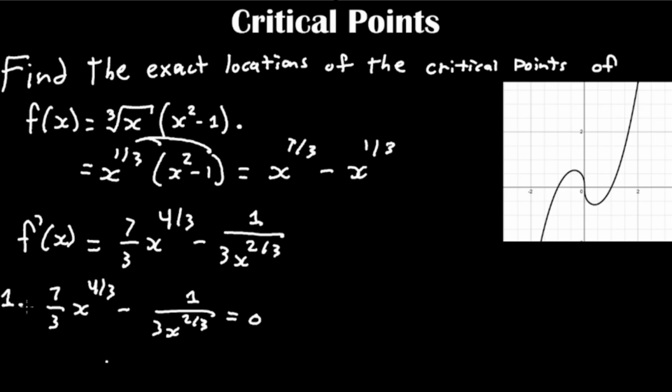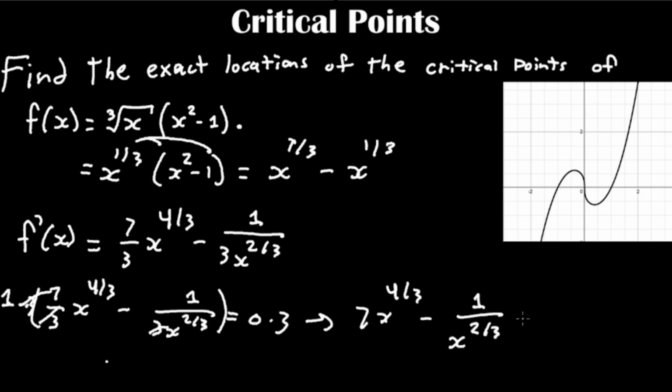I can see that we multiply both sides by 3, and that will get rid of that 1/3 in both of their denominators. So we get 7x to the 4/3 minus 1 over x to the 2/3 is equal to 0. Let's add this to both sides.